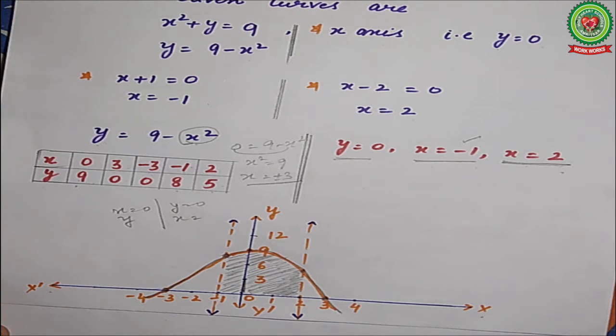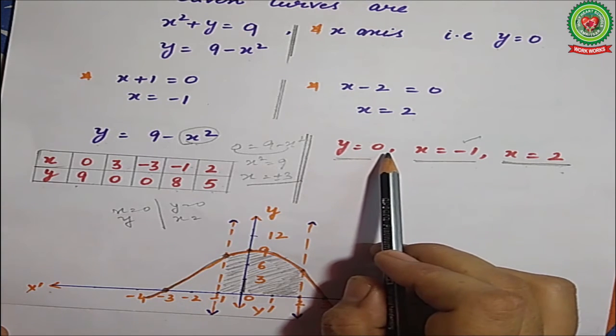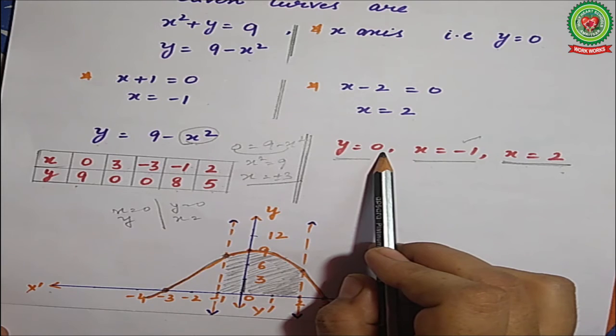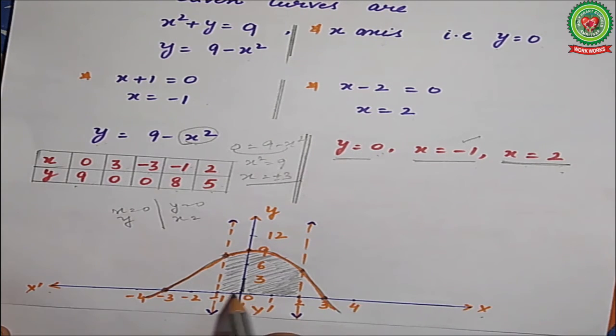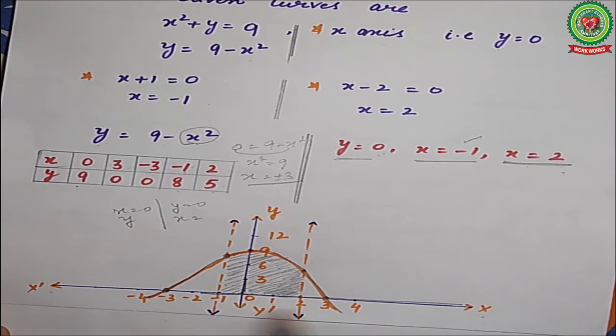Now, it's time to draw the parallel lines. I am having one line, y is equal to 0, which is the x-axis itself, so already one line is there.